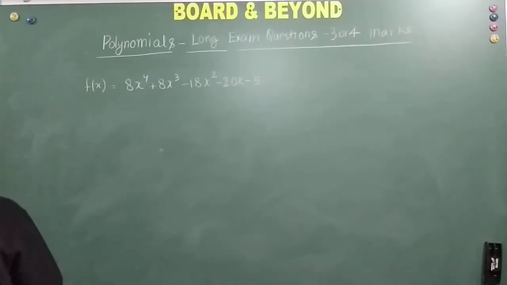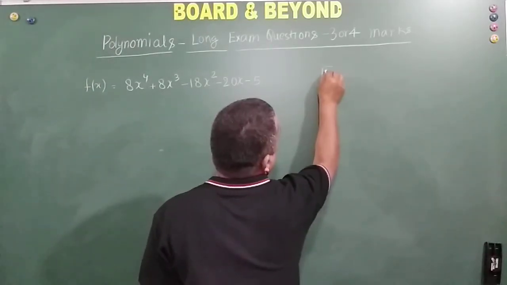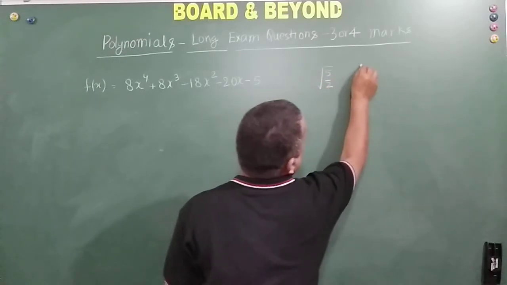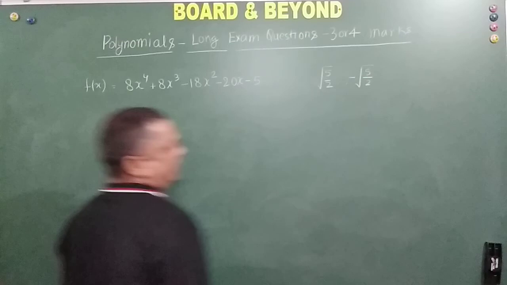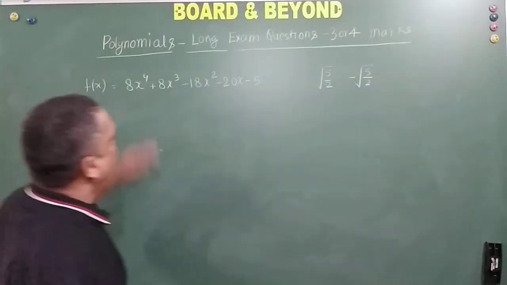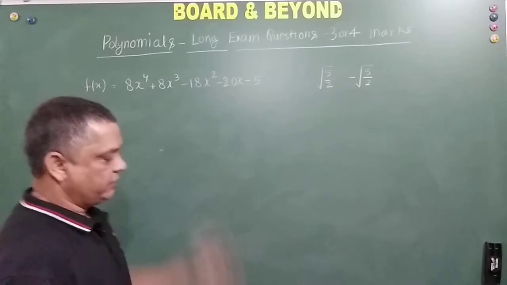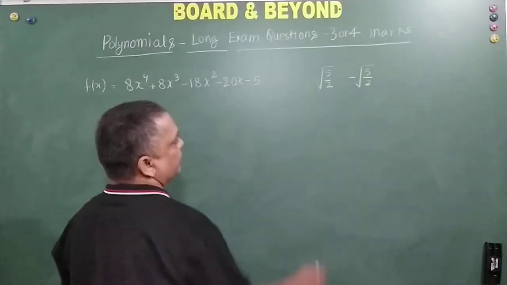Okay, and it's given that one zero is equal to root 5 by 2, another zero is minus root 5 by 2. So these are the two zeros that are given to you, and you are expected to find the other two zeros of this biquadratic polynomial. So how do we go about it?